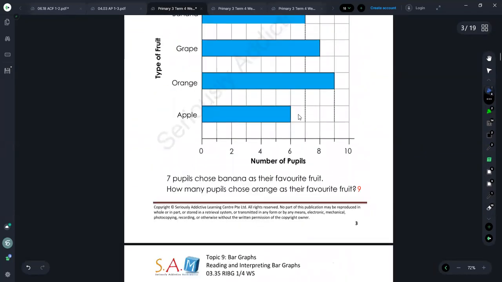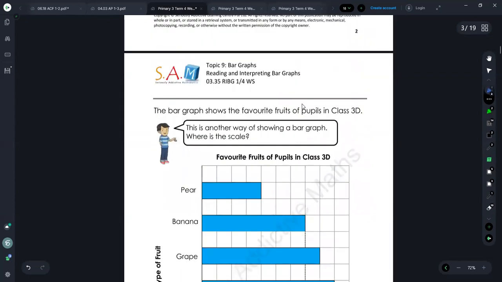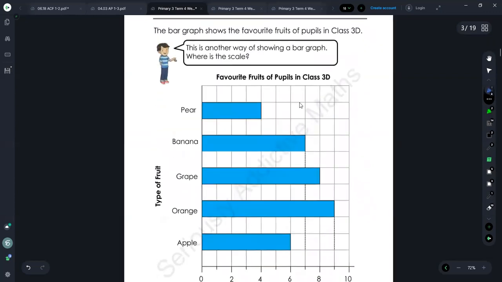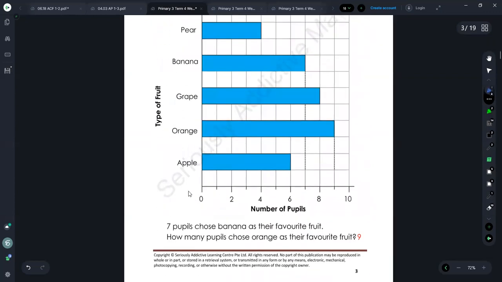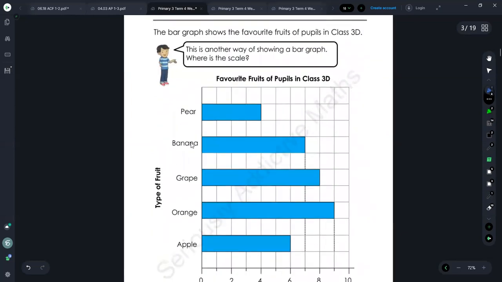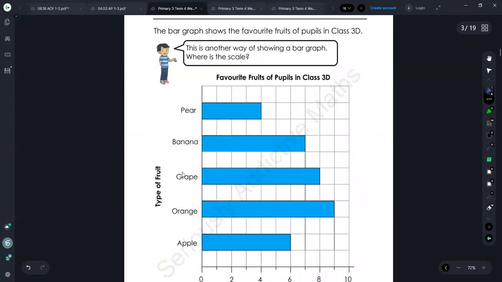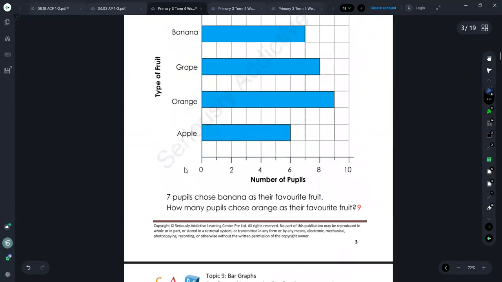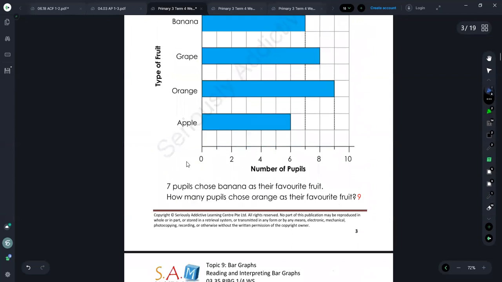Then show them another way of doing it. Sometimes the data is presented on the horizontal axis instead, and the people or things are provided on the vertical axis.